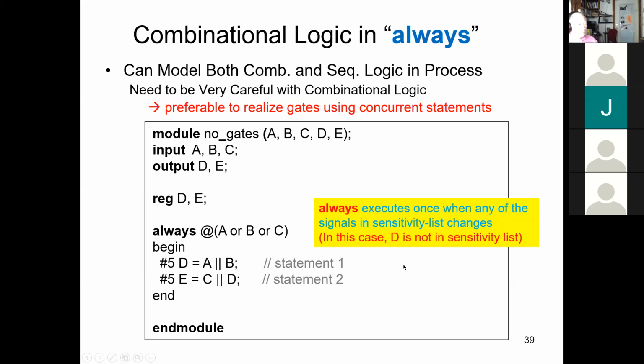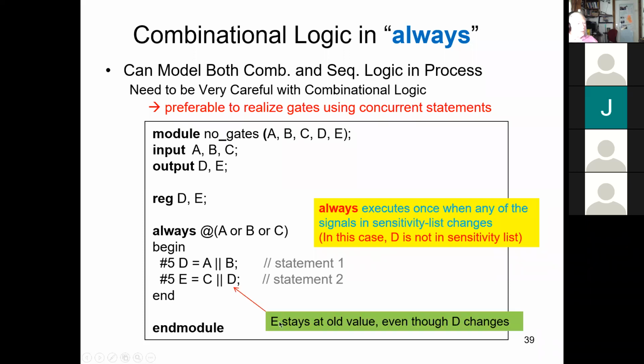And it's designated as an output, not as an in-out. E stays at its old value even though D changes. So for instance, if D is changed on the outside somewhere, it's not going to trigger execution of this always block. So E wouldn't change until A, B, or C changed, and then it would recompute both these lines.